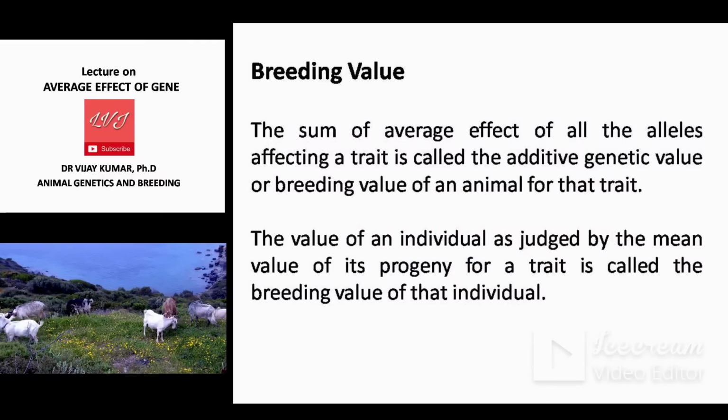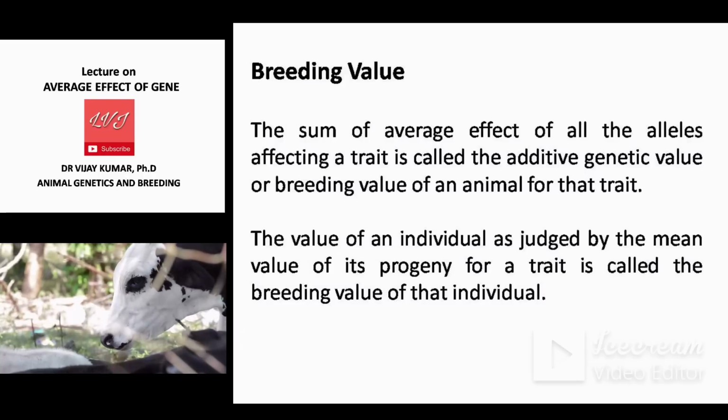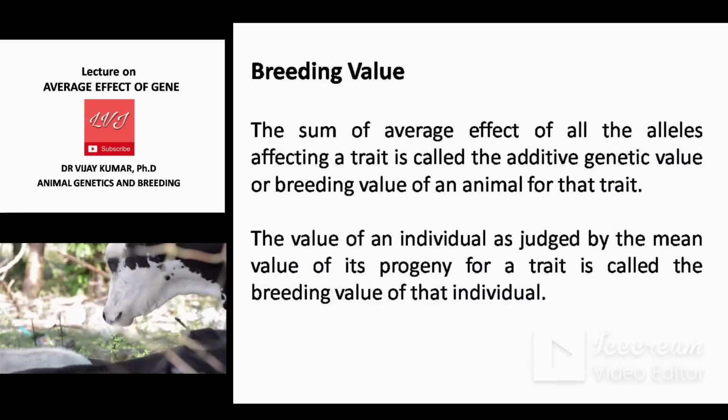Now, very briefly, we will see the concept of breeding value. The sum of average effects of all the alleles affecting a trait is called the additive genetic value or breeding value of an animal for that particular trait.